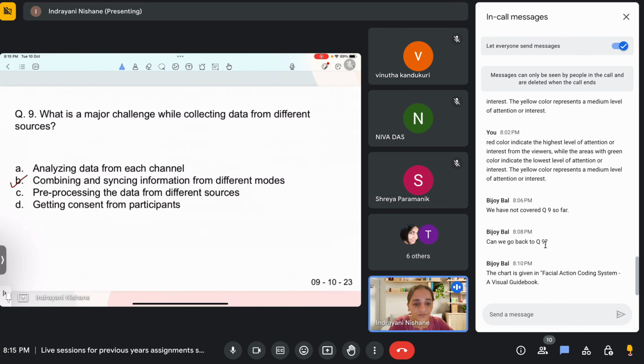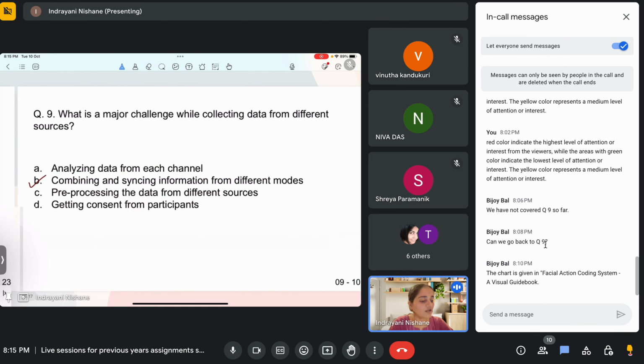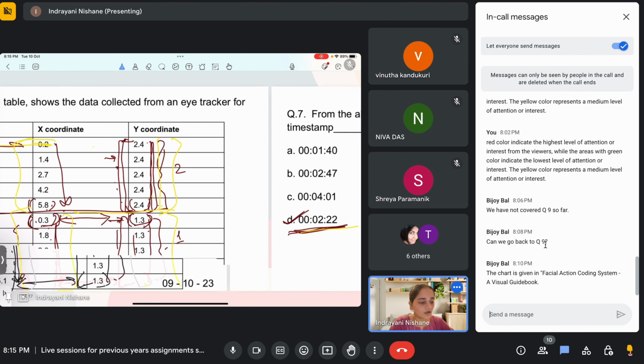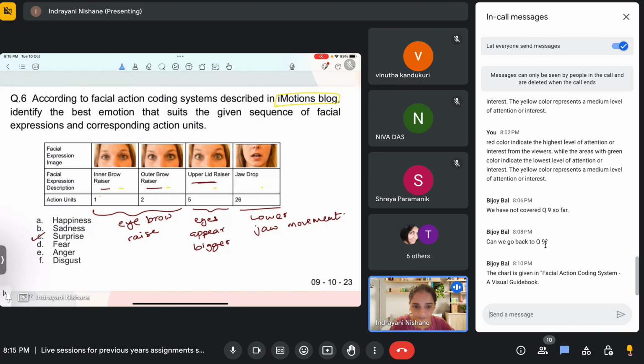For more information on affective computing, emotion detection using facial expressions, please read iMotion's blog. The link to that blog is in the lecture slides, so please go through that.